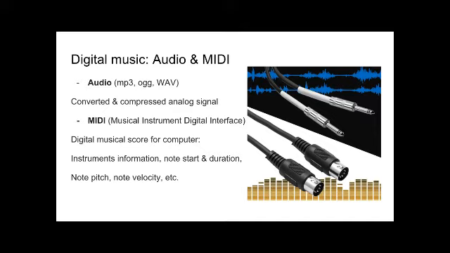Before the computer era, there were recorders like tape recorders, and they basically converted the air pressure variations to voltage variations and something else. So what audio stands for in computers, digital audio, is basically the converted variations of the air pressure into a digital representation.